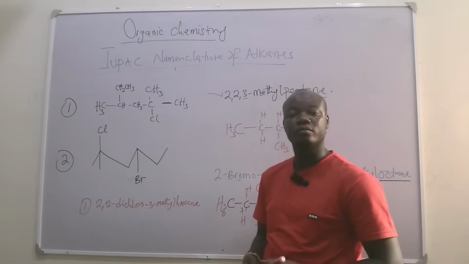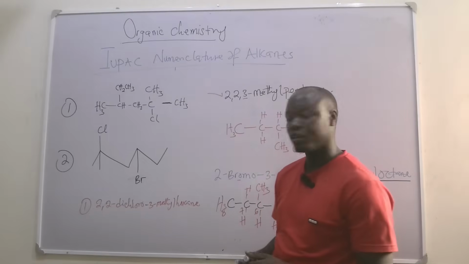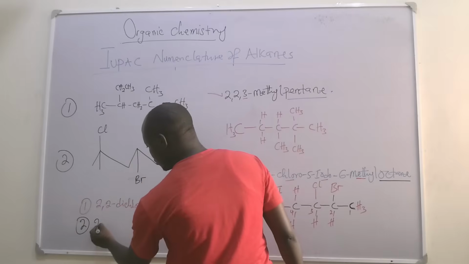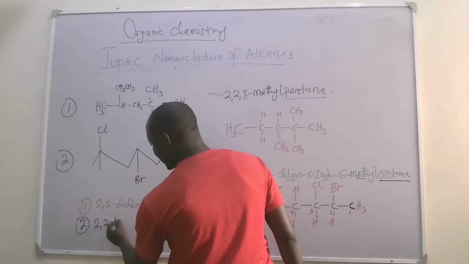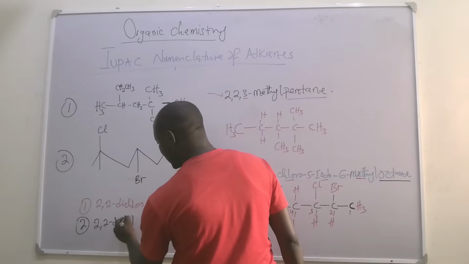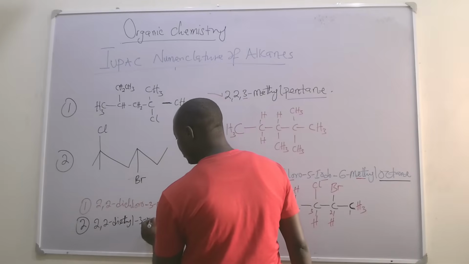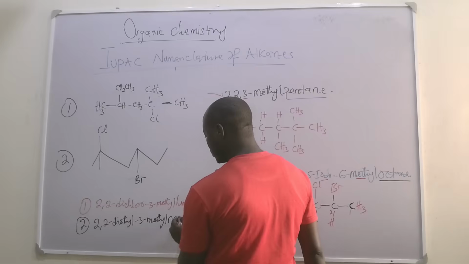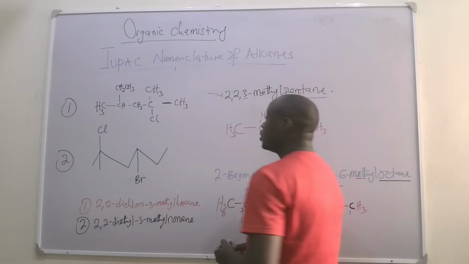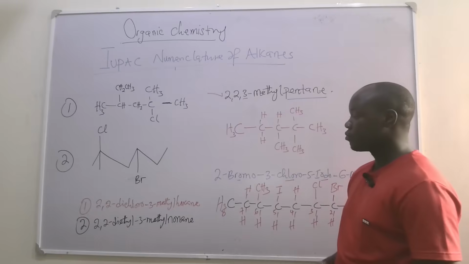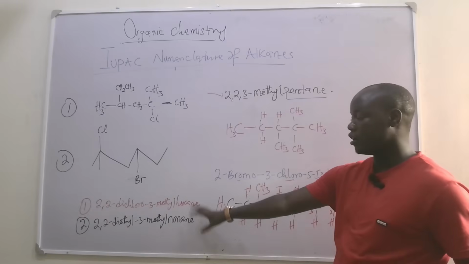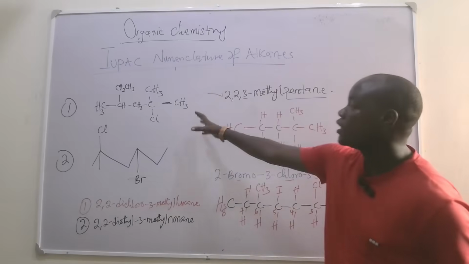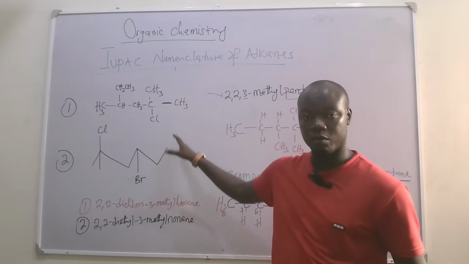This is the first one. And then the second one, number 2, we have 2,2-diethyl, 3-methyl nonene. So please, ladies and gentlemen, these are the names of the compounds, so please draw the structure. And this is also the structure of the compound, give them names.